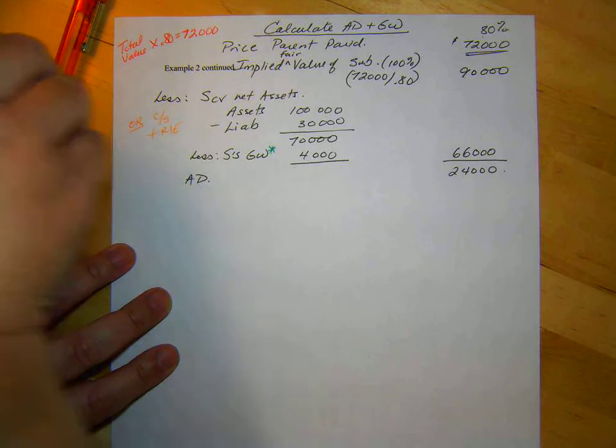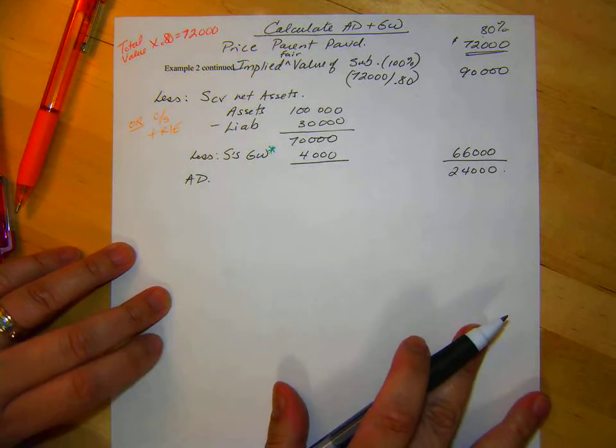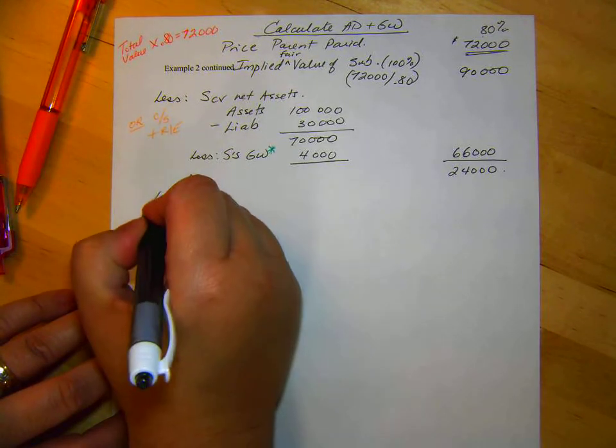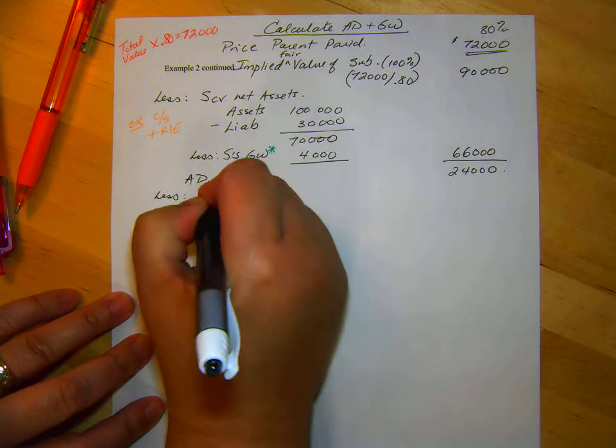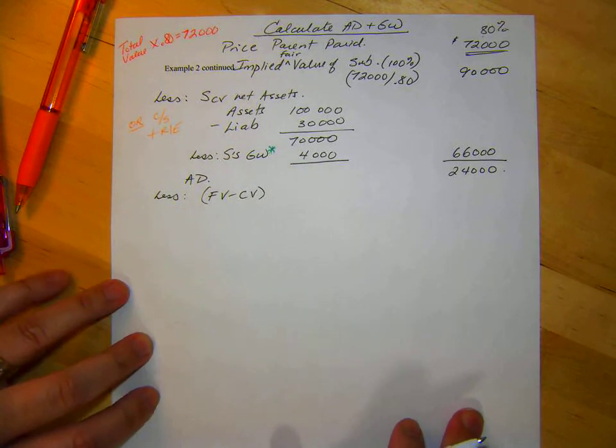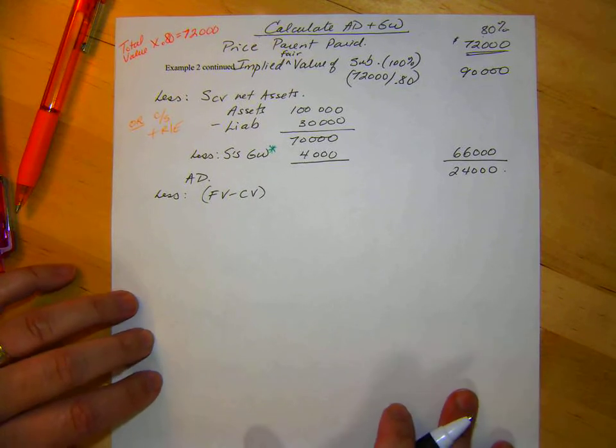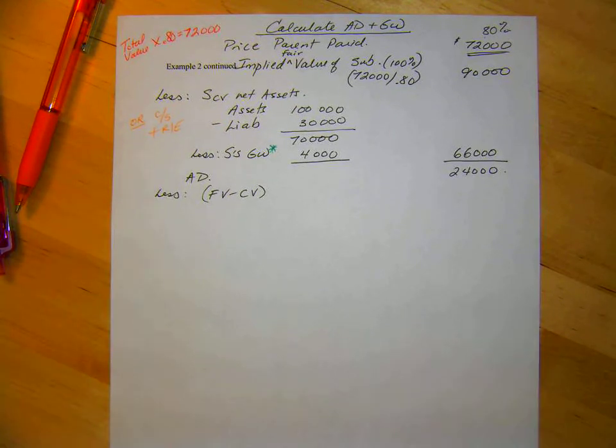Okay, then from acquisition differential, we take less FV minus CV, or fair value differential. All that means is the amount of fair value above the carrying value, how much extra fair value is, or less.